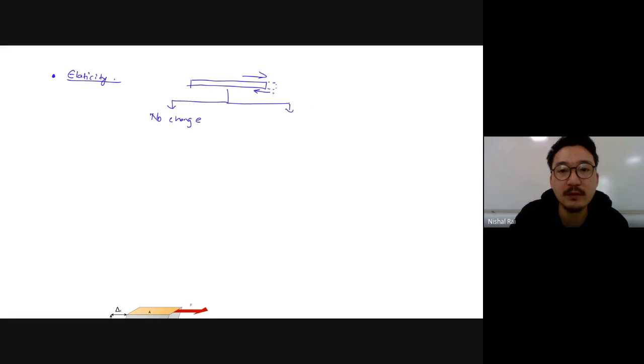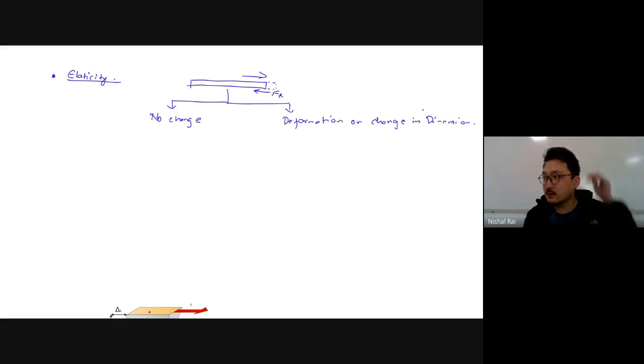This one is called your restoring force. And if there is a deformation, or let's say a change in dimension, what I mean by change in dimension is either there is a change in length, breadth or height, or either two or all three of them.